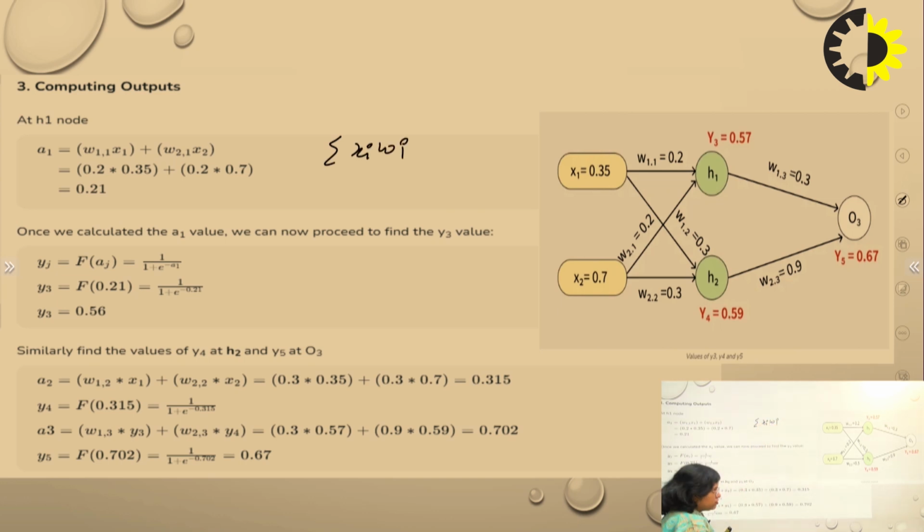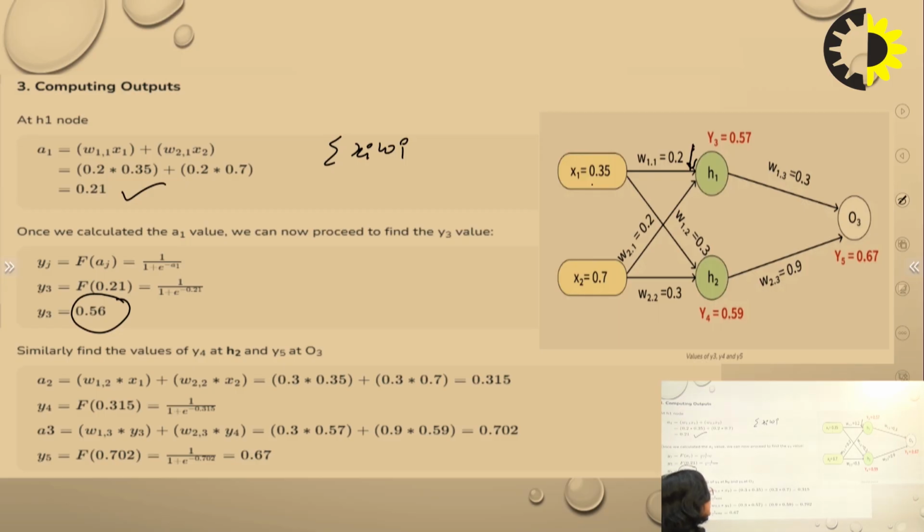So 0.35 into 0.2 plus 0.7 into 0.2, which is calculated as 0.21. We apply the activation function here, and we calculate the value of 0.56.